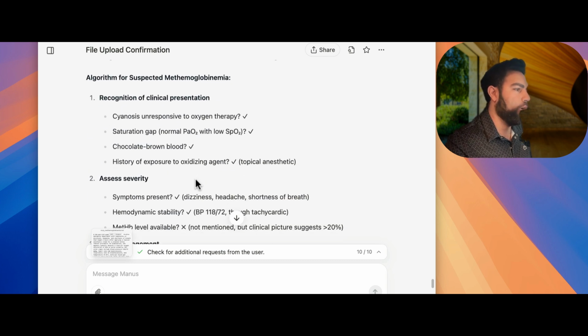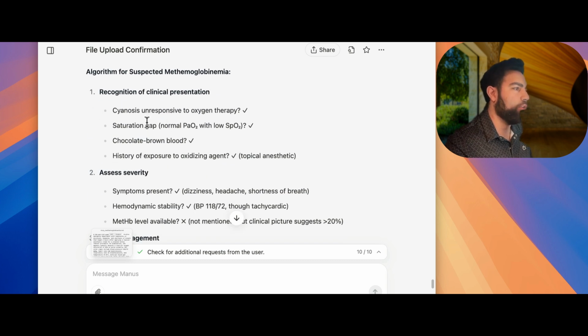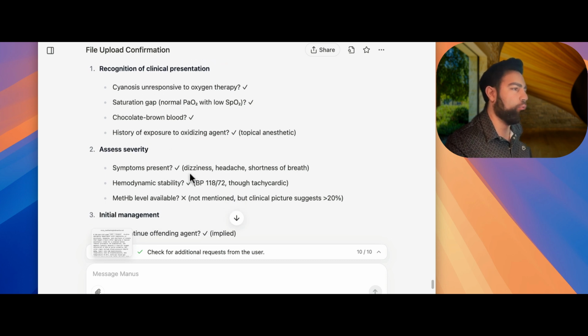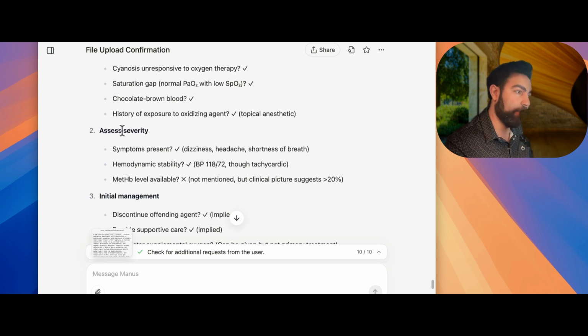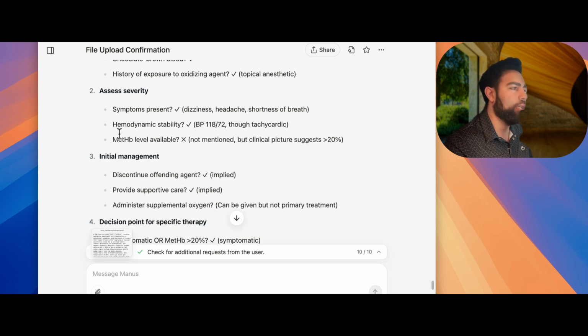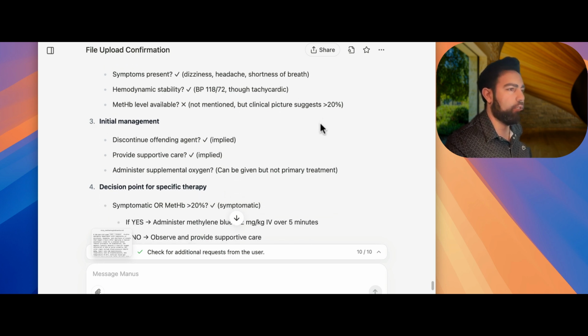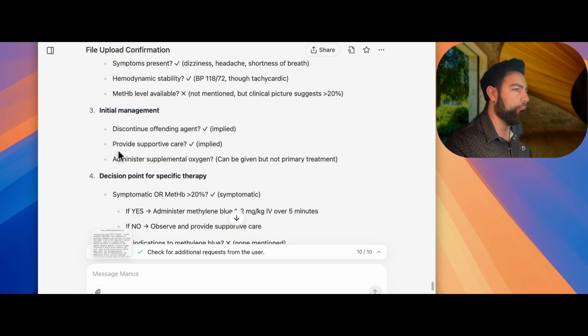So this is kind of going through the algorithm: cyanosis, saturation gap, chocolate blood, history of exposure to oxidizing agent. How severe is it, is it symptomatic, do they have hemodynamic instability, is methemoglobin level available, can we get that on the ABG to see if the patient is clinically indicated for methylene blue.